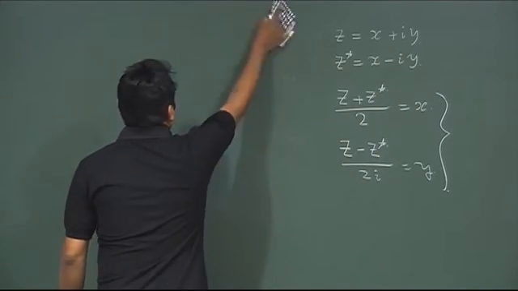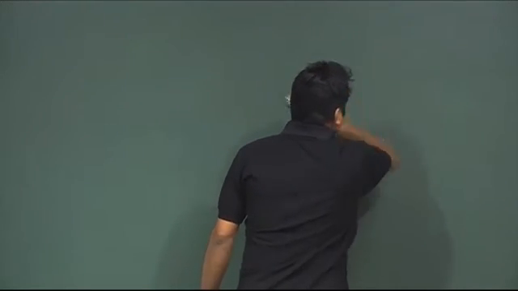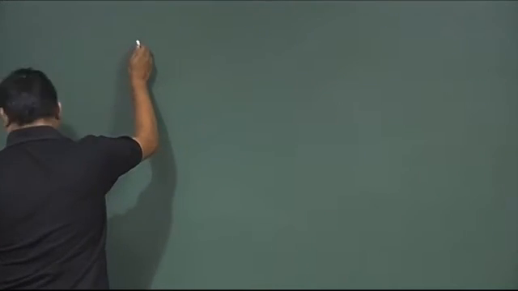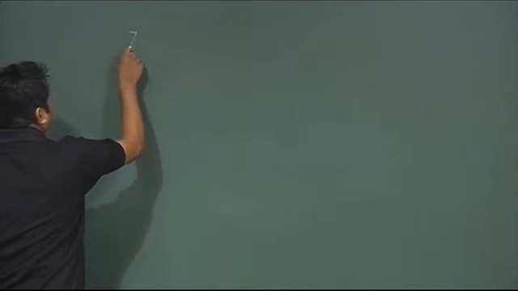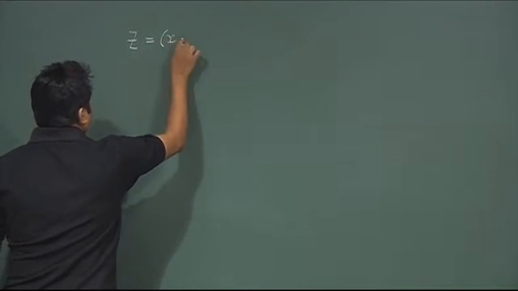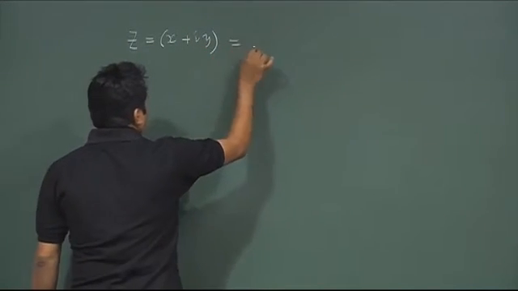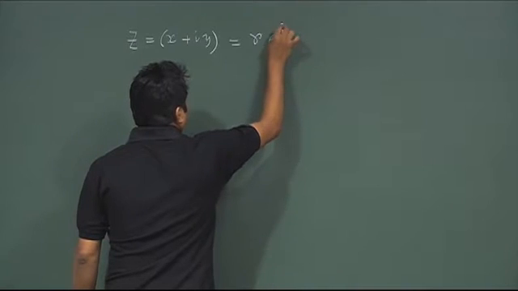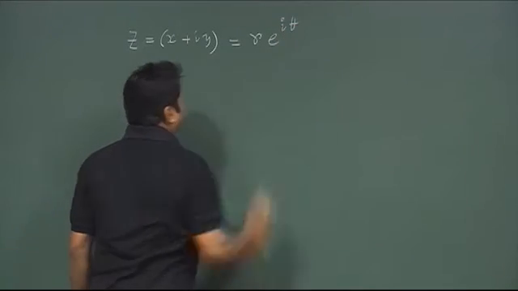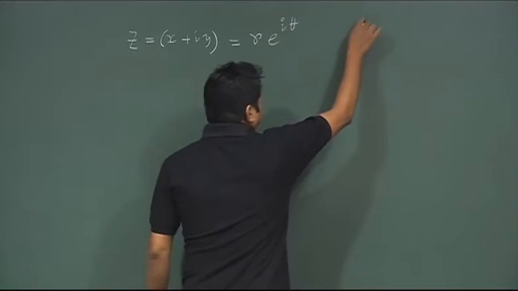Okay. Now, the next important thing: if I represent a complex quantity z, which is say x plus i y and which is r e to the power i theta, I represent this as usual.